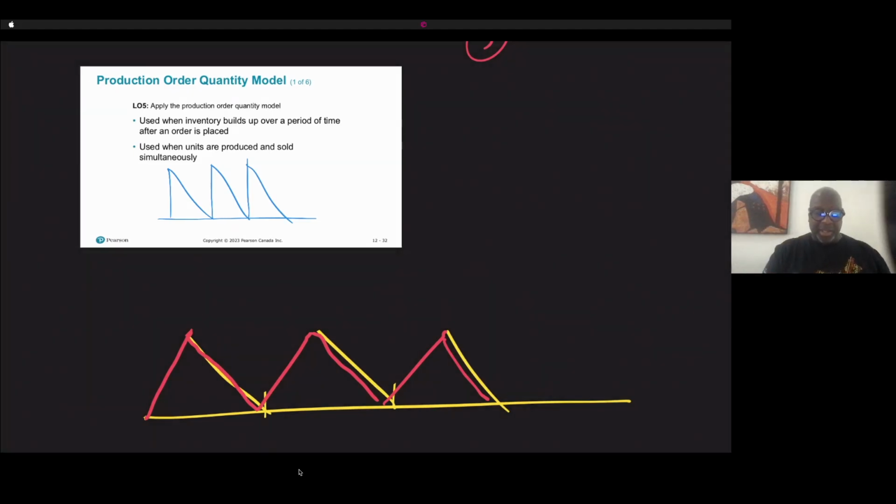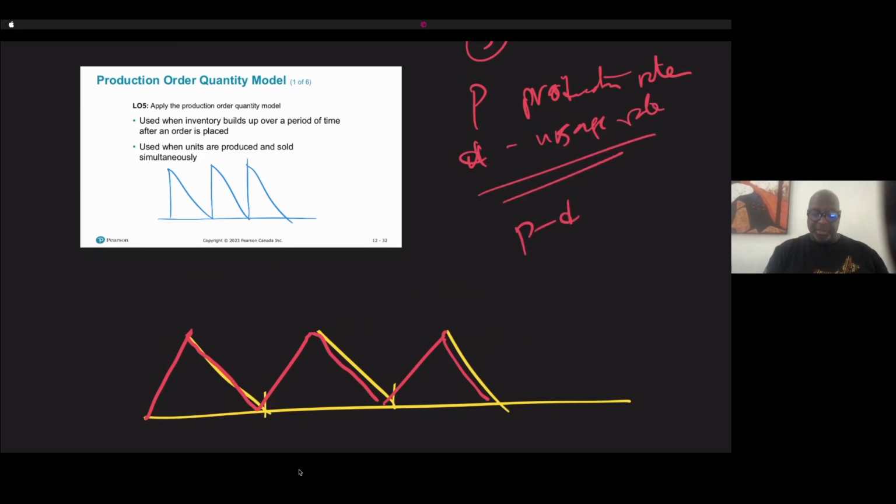So P becomes your production rate, and D becomes your usage rate or demand rate. Therefore you will accumulate at P minus D. And so P must be greater than D. You cannot use at a greater rate than you're producing.